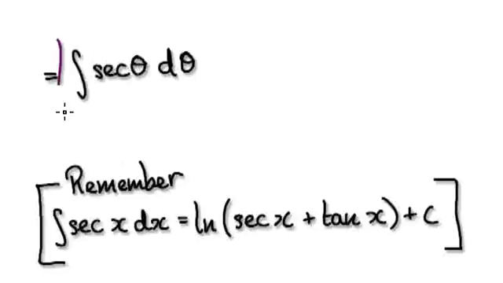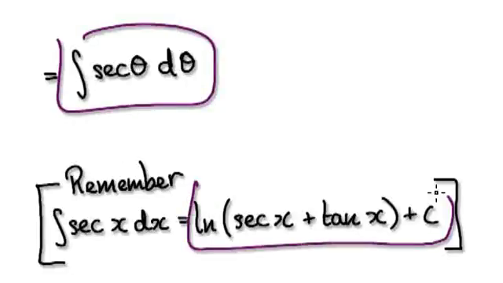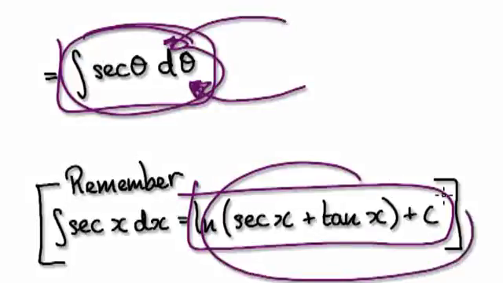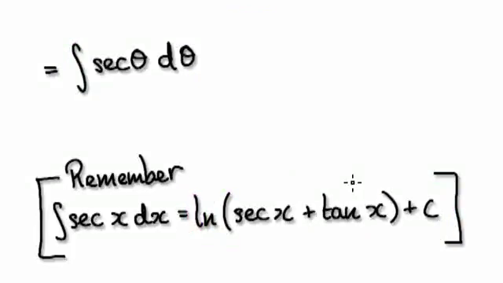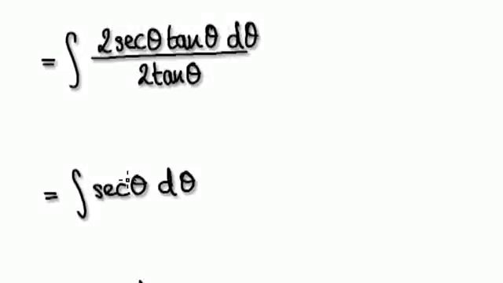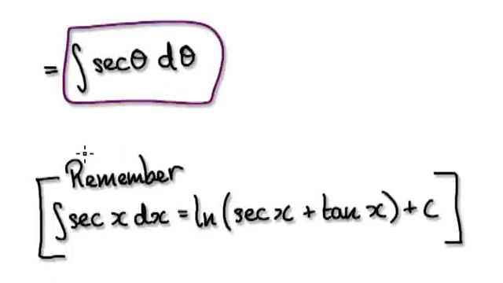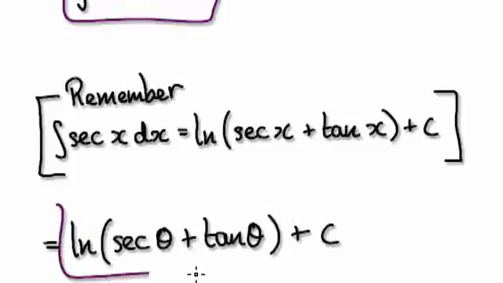When you integrate this, you will get this, and it is quite a lot of work doing this. Track down one of the earlier videos. So when you integrate this, it will give you this.